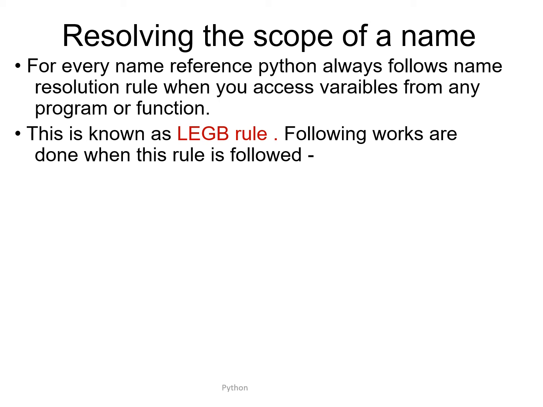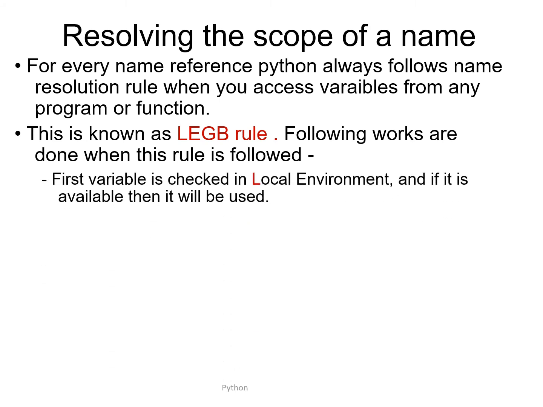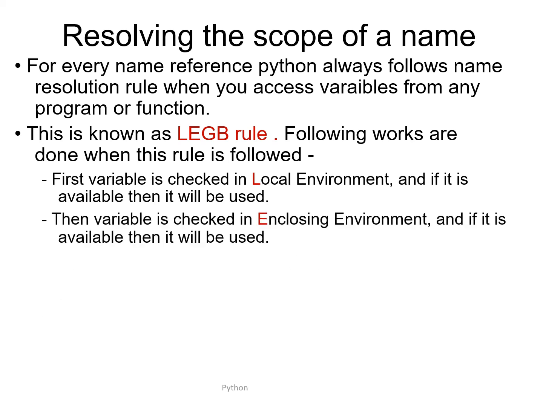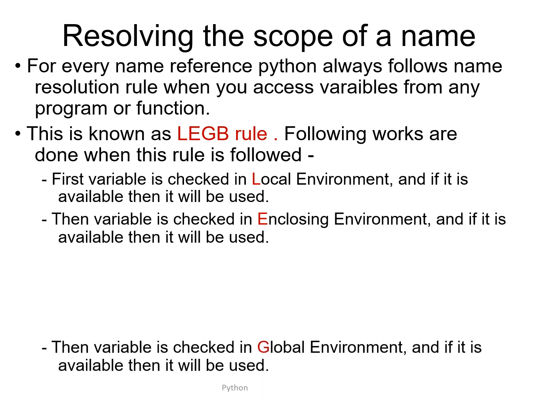The following work is done when this rule is followed. First, the variable is checked in the local environment, and if it is available then it will be used. We already learned about local and global environments in previous videos. Second, if the variable is not found in the local environment, then the compiler will check in the enclosing environment, and if it is available then it will be used.